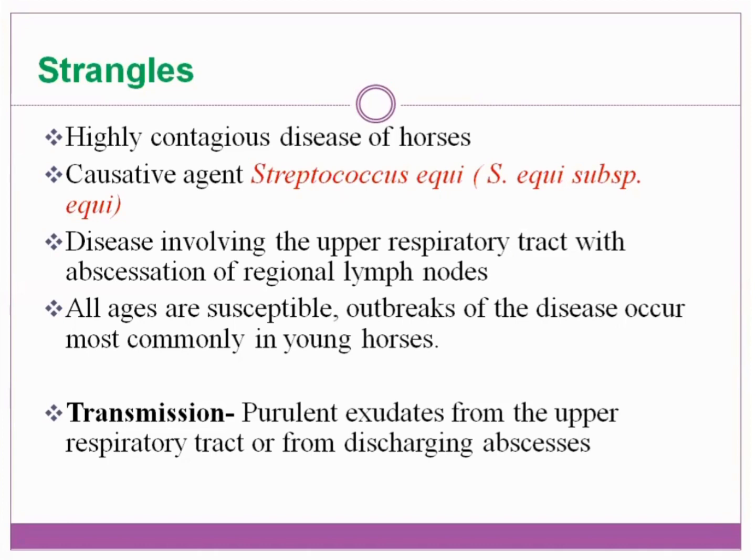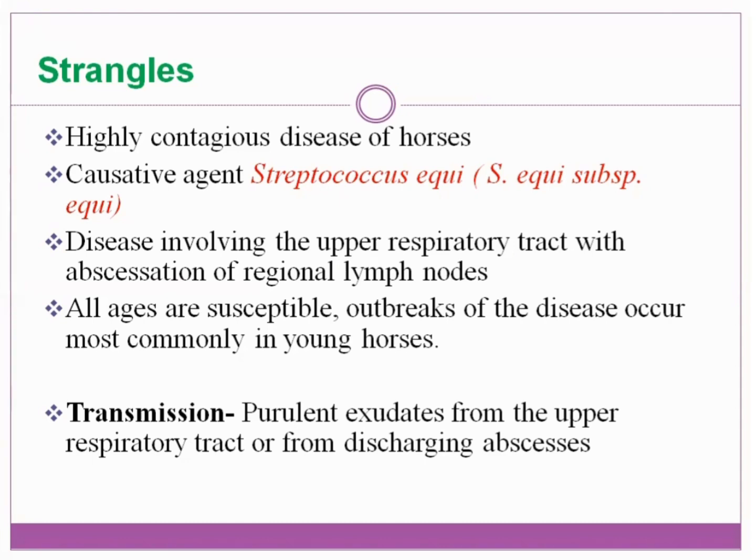The causative agent of strangles is Streptococcus equi subspecies equi. It is a disease involving the upper respiratory tract with abscessation of the regional lymph nodes. The regional or neck region lymph nodes are commonly infected, and Streptococcus equi commonly infects the upper respiratory tract of the horse.